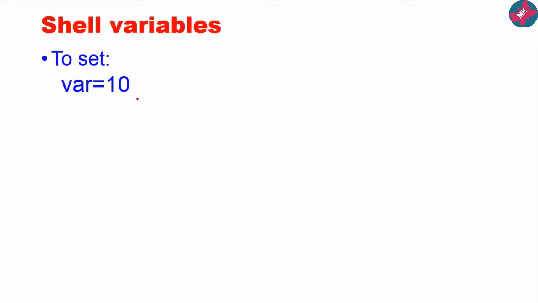And how do we access this variable? The new thing in shell script is that if you want to display the value of var, you have to write a dollar sign in front of the variable. This is the way the shell script understands that this is a variable.